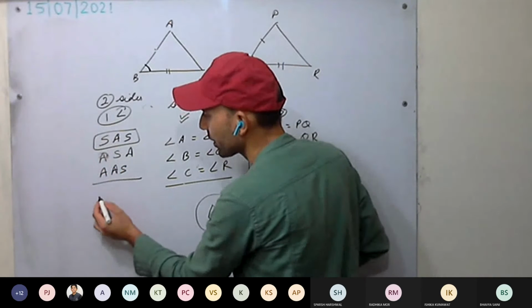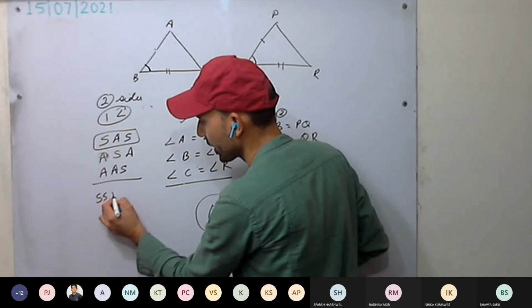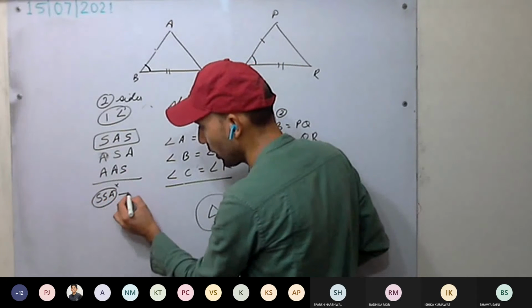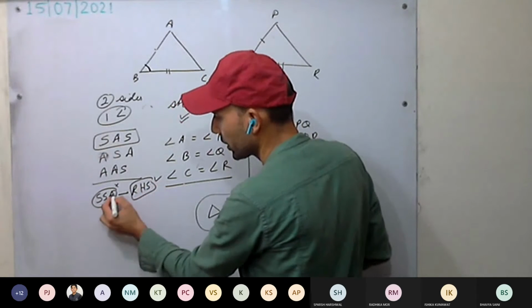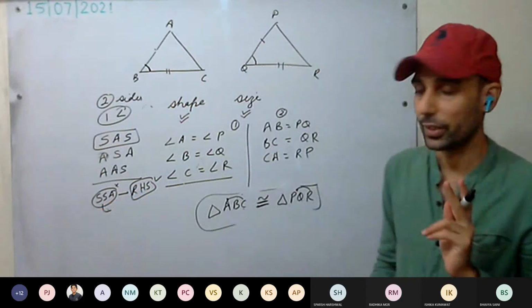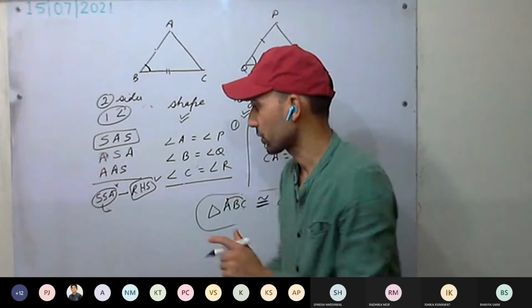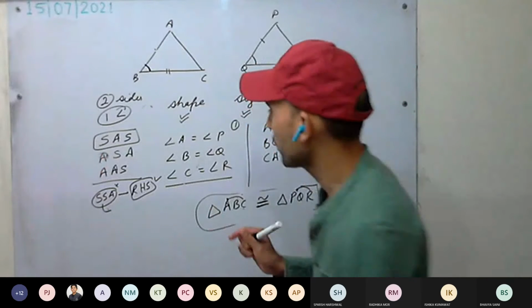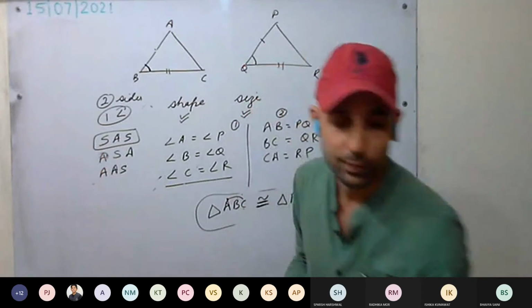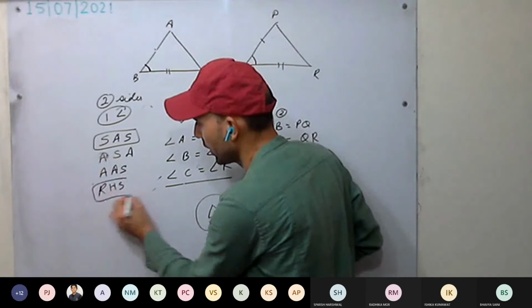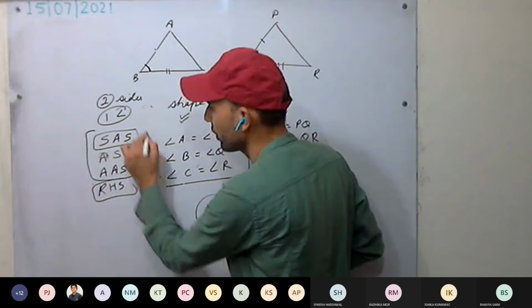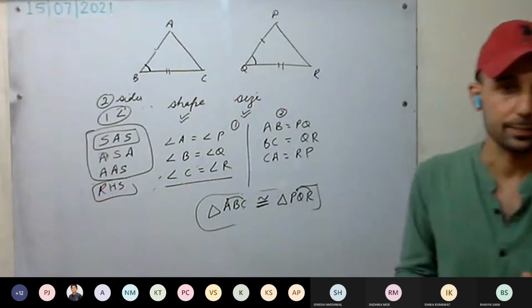And there is also SSA. In this, only RHS we can prove, because this is going to give two solutions of a triangle. We'll discuss this afterwards. So you have only four combinations of minimum required things, including RHS. Mainly these three we will discuss first; RHS we will take afterwards.